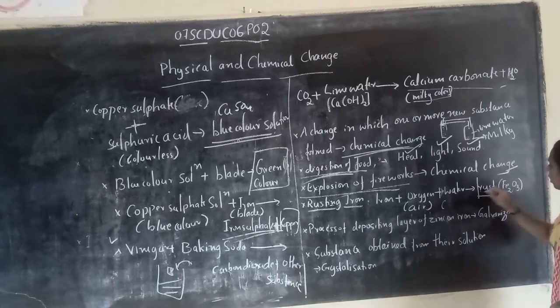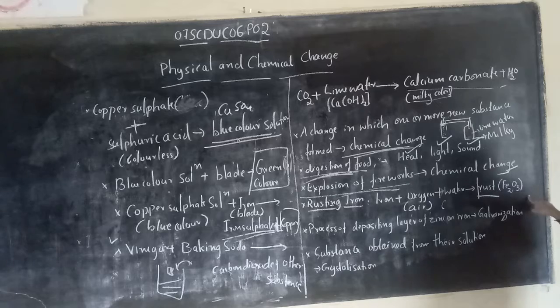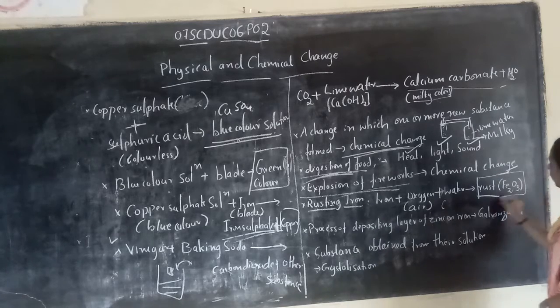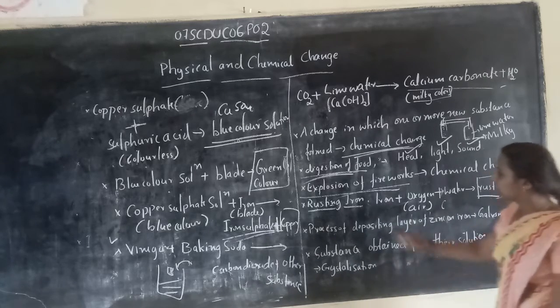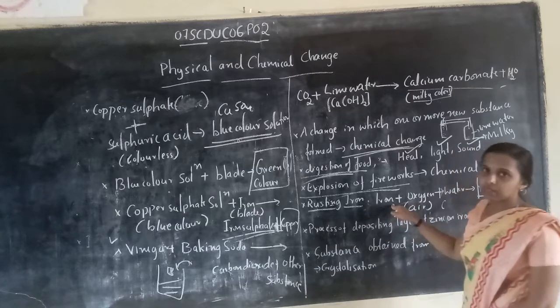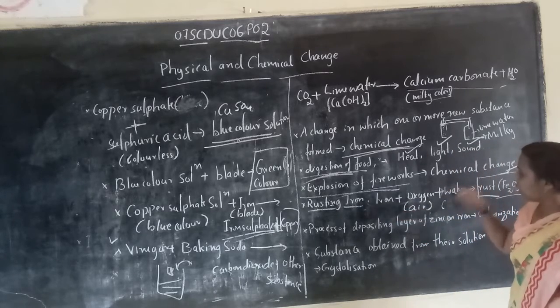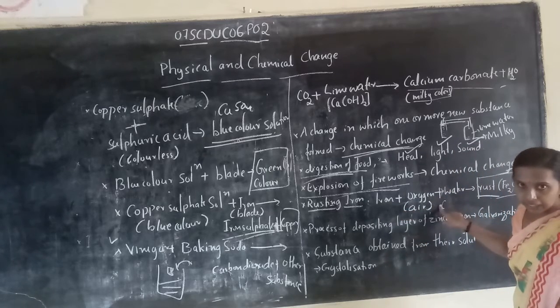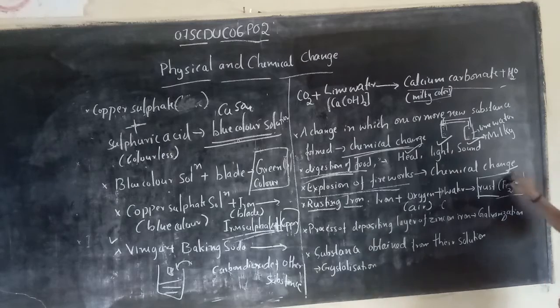This is rust, ferric oxide, that means Fe2O3. You should remember all these equations. These are very important. So rusting of iron means iron reacted with water and oxygen present in air.